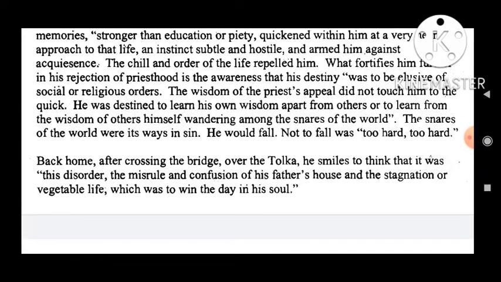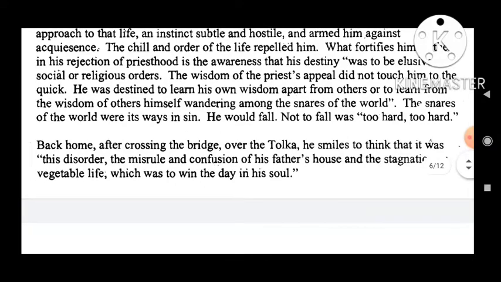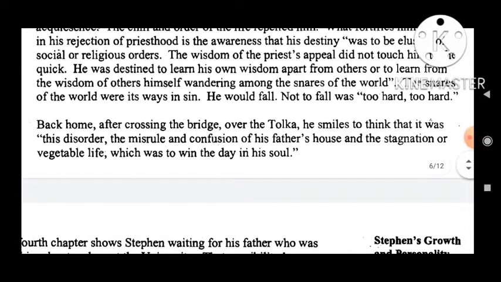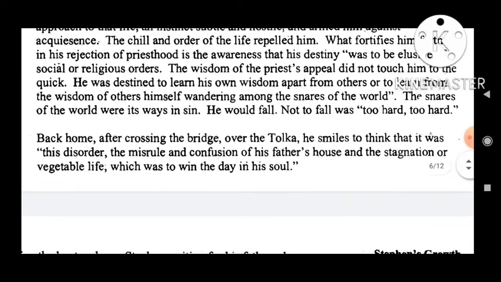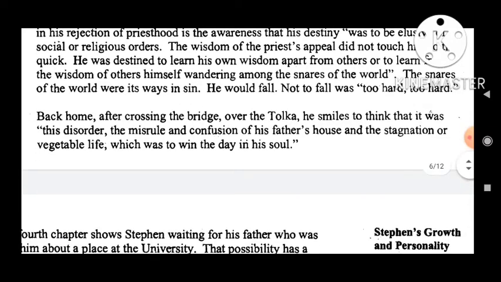What fortifies him further in his rejection of priesthood is the awareness that his destiny was to be elusive of social or religious orders. The wisdom of priests did not touch him to the quick. He was destined to learn his own wisdom apart from others, or to learn from the wisdom of others, himself wandering among the snares of the world.